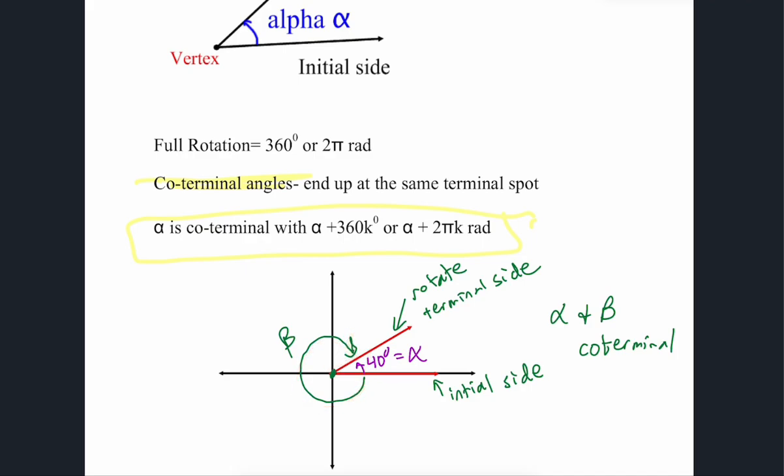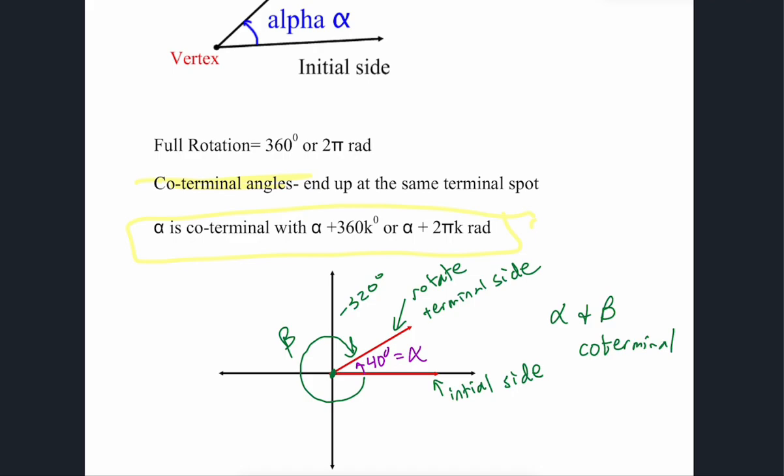Technically, that is 40 minus 360, which would be negative 320 degrees. So negative 320 and 40 are the same. They land us in the same spot. If you put into the calculator the sine of 40 and the sine of negative 320, it's going to give you the exact same thing because we have landed in the same spot.